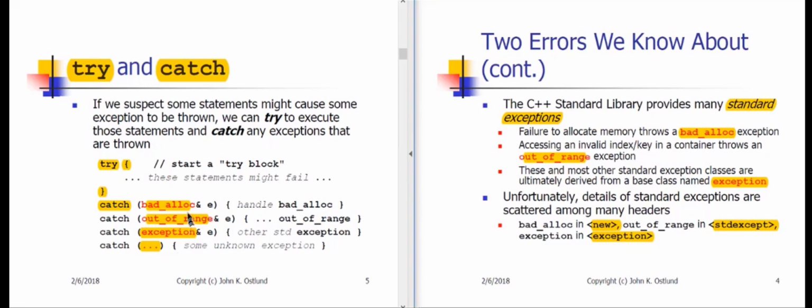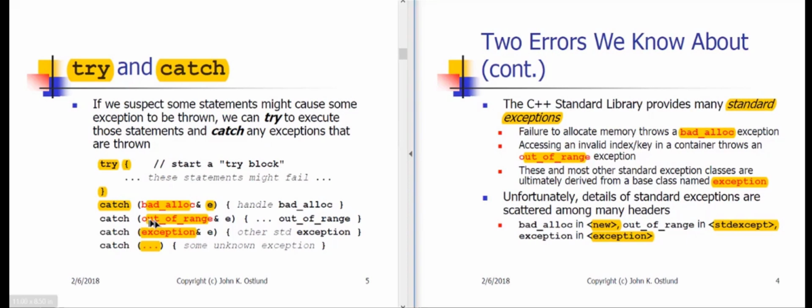Now, notice in the try block that if a particular identifiable kind of exception occurs, and if that exception is a bad alloc, then we will get a reference to the particular bad alloc object in this parameter named e, and we can access the internals of e to try to figure out exactly what went wrong.